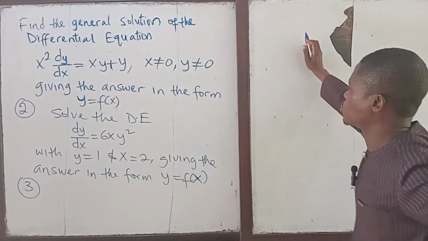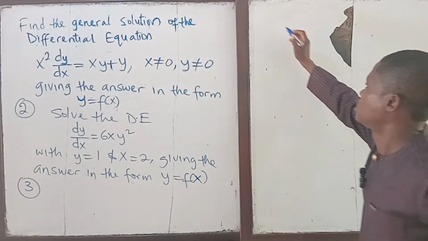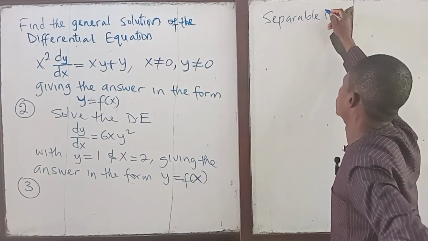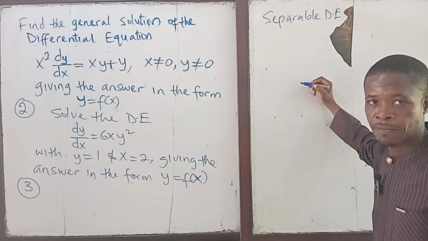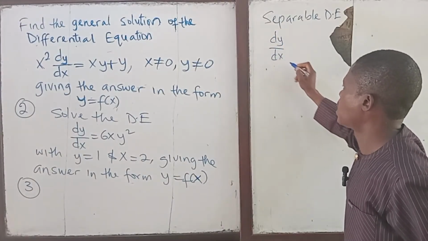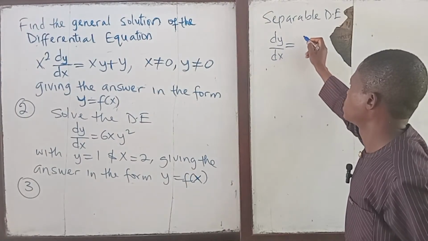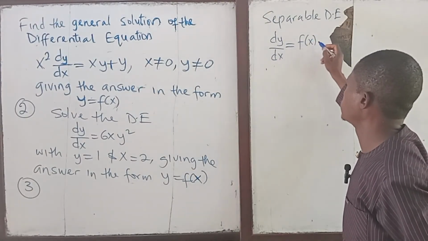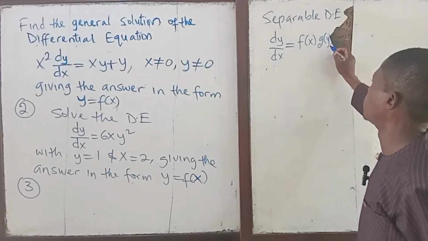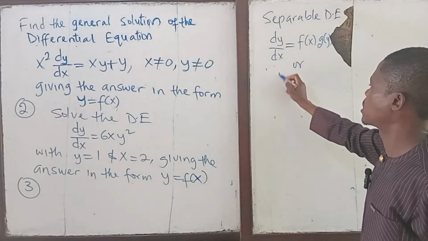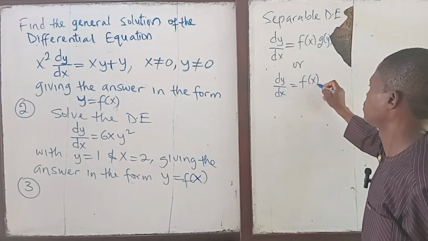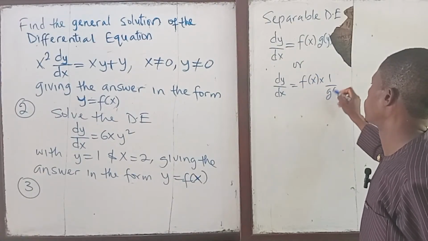let's quickly have a recap on the separable differential equation. How does it look? The form is dy/dx equal to the product of two functions, f of x and g of y. You could take this form, or you could also take dy/dx equal to f of x times 1 over g of y.